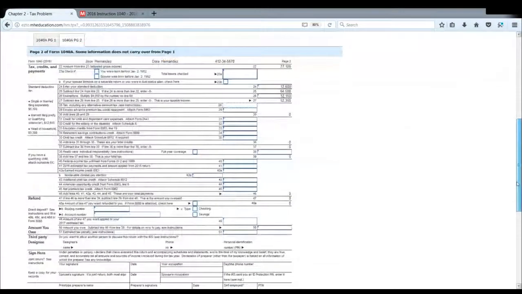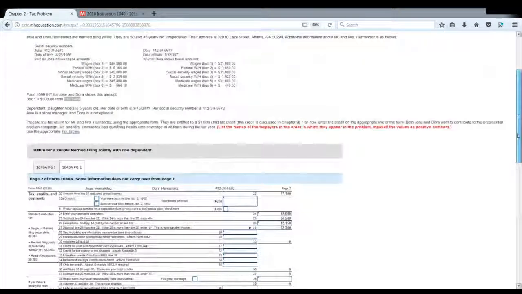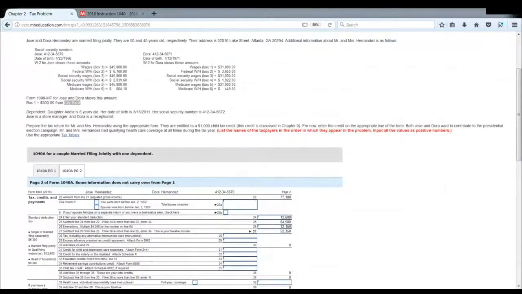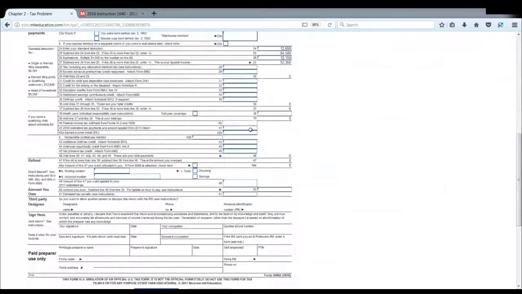The tax paid is going to be, what line item? Federal income, so that would be number 40. So number 40 would be 3650 plus 6160, 9810. So I'd put 9810 right there.